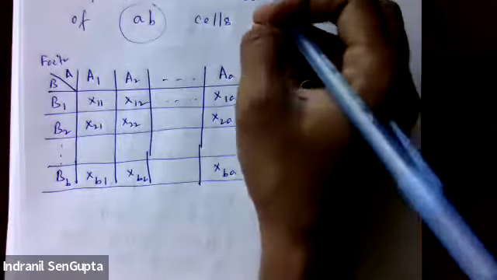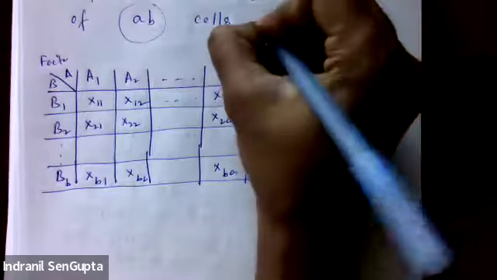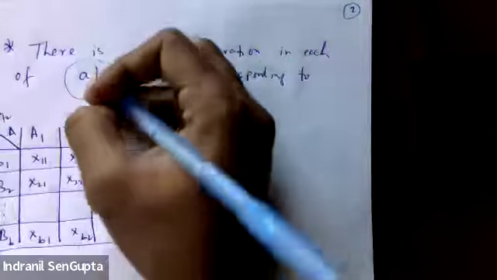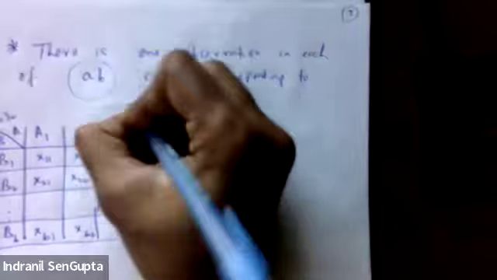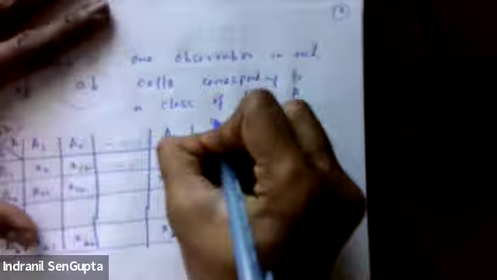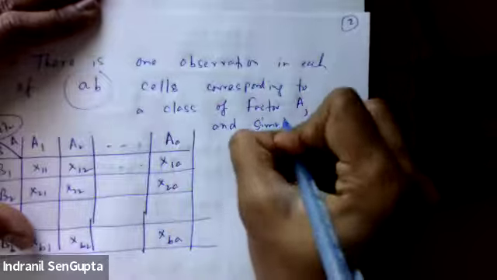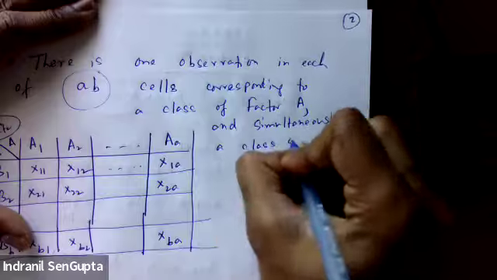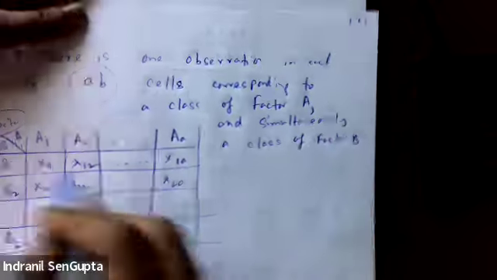Corresponding to a class of factor A and simultaneously a class of factor B, meaning this picture.